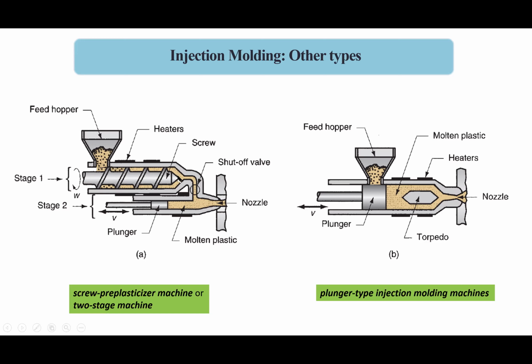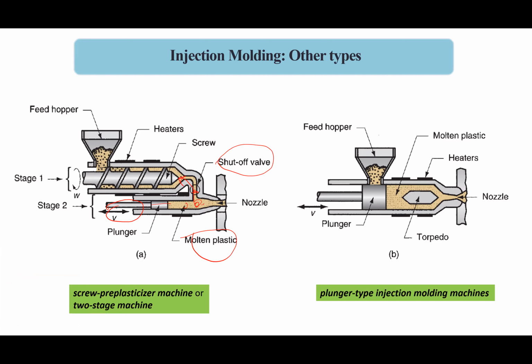When the material comes out this way and fills up this space, then another plunger is used in here. When the molten plastic is full in this location, there is a valve here, like a shut off valve. That valve works as a seal. Otherwise, when the plunger is pushed in here, the material can go this way.